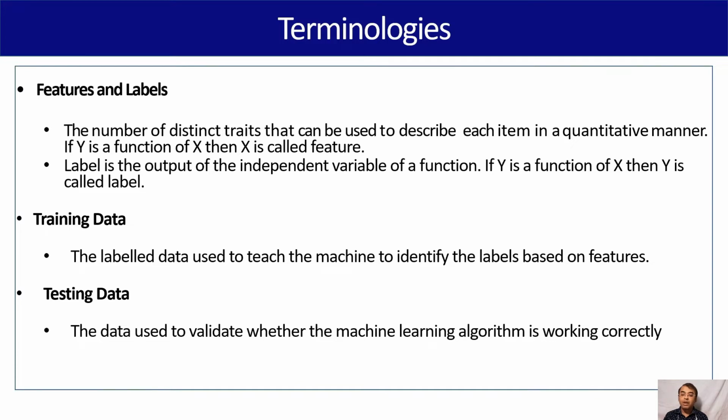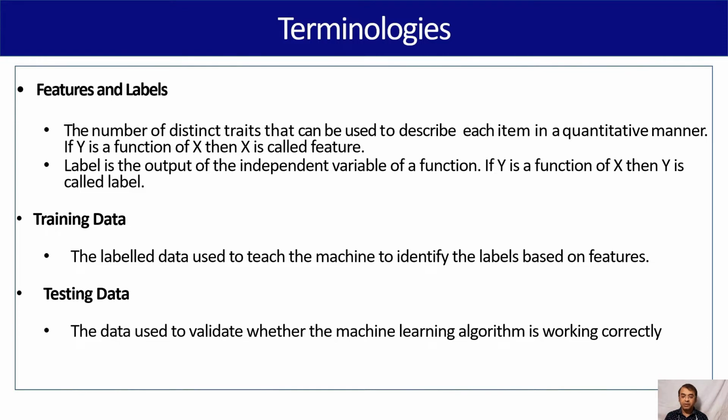Features are the number of distinct traits that can be used to describe each item in a quantitative manner. If y is a function of x, then x is called the feature. The label is the output of the function of the independent variables, that means y. If y is a function of x, then y is called the label and x is called the feature.